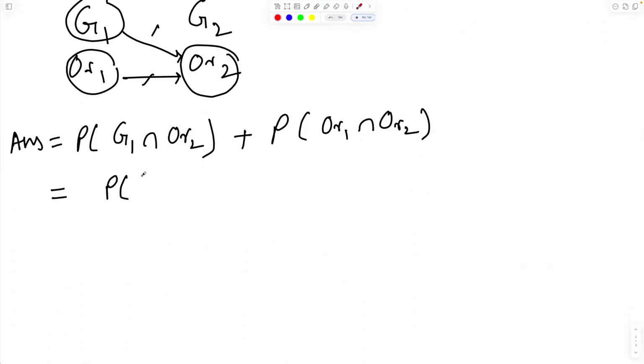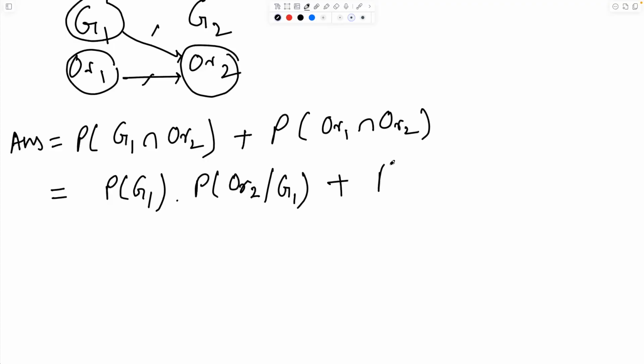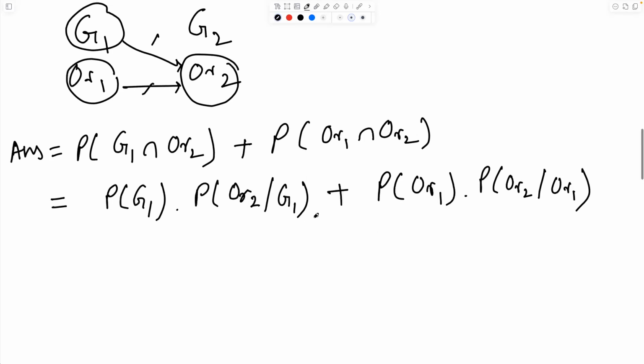With that being said, I am going to take it like this: P of G1 times the probability of OR2 given G1. From Bayes theorem we get this directly, plus P of OR1 times P of OR2 given that OR1 already happened, right?